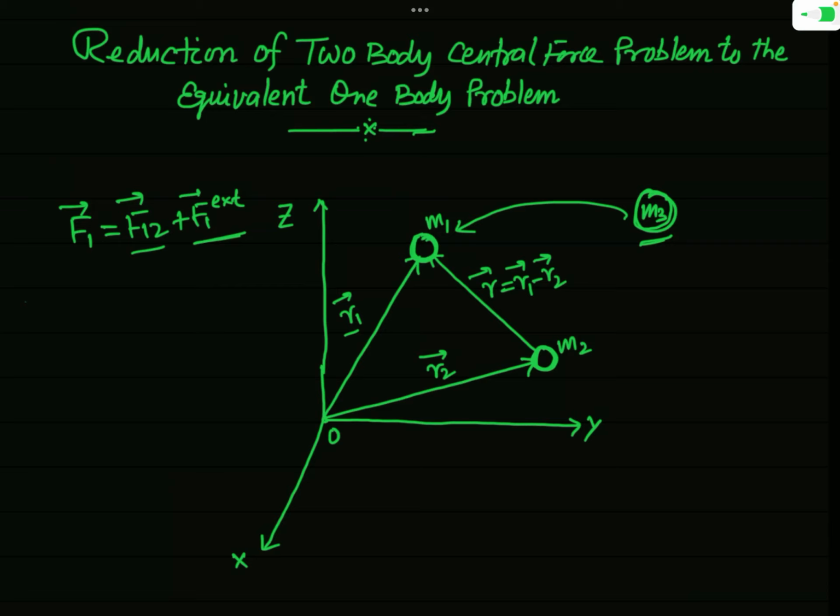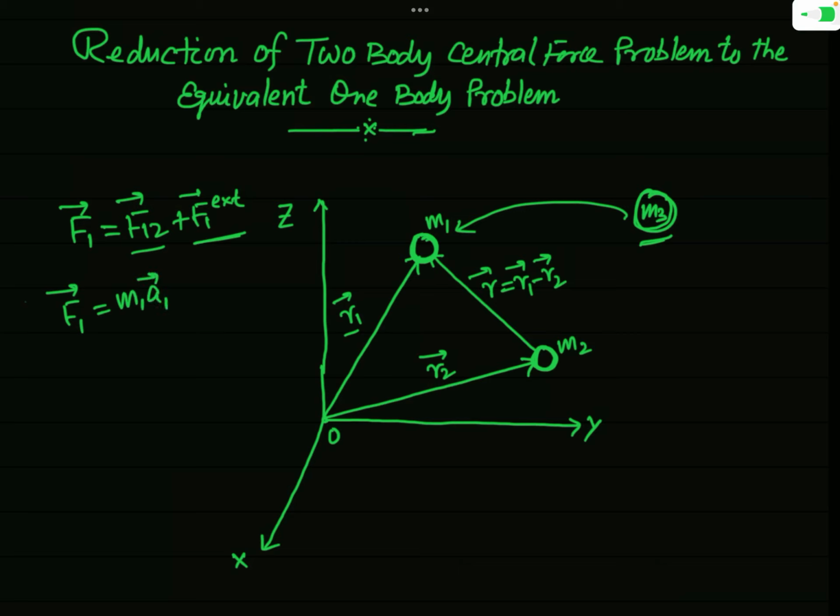Now, if you want to write the equation of motion of this body M1, equation of motion means second law of motion. You know that according to the second law of motion, the net force is equal to mass into acceleration.